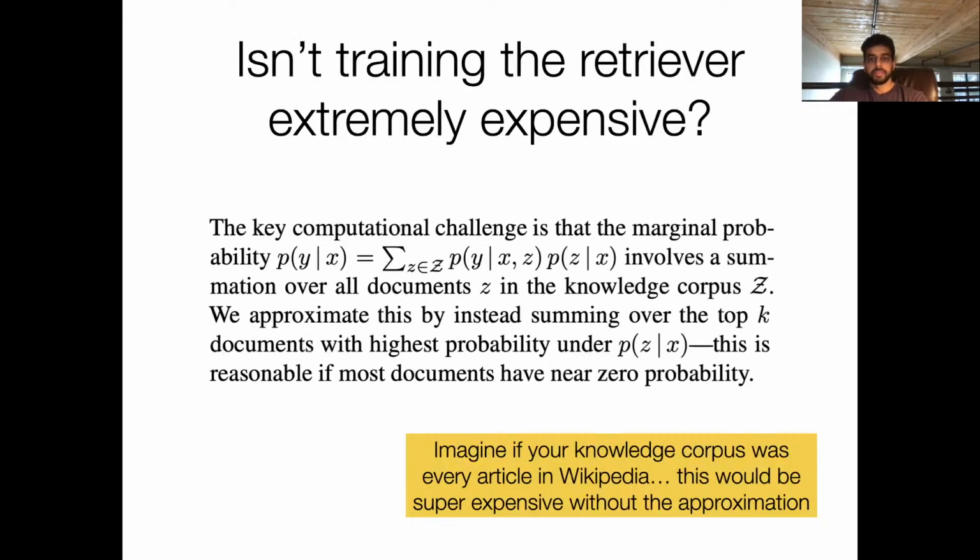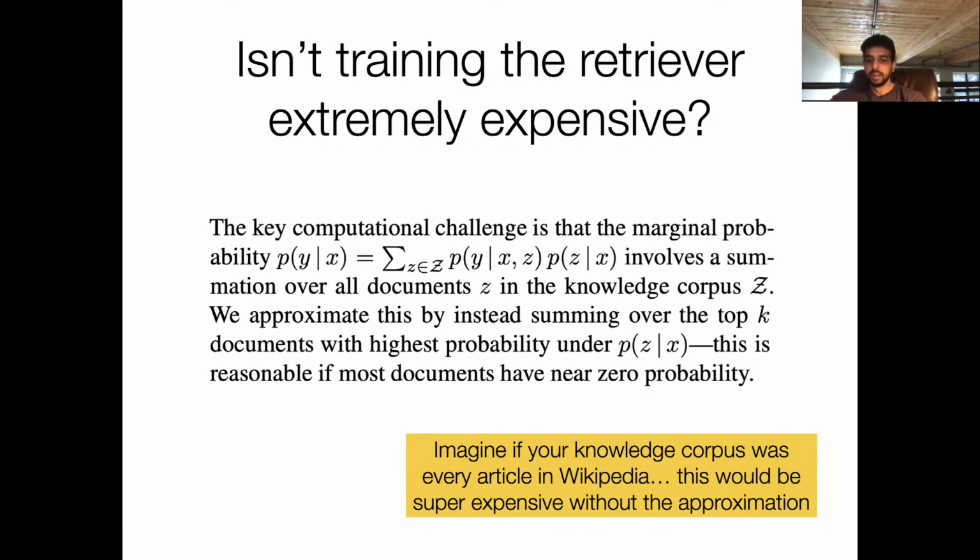Okay, so on to the biggest challenge of this whole process, which is training the retriever, right? So in the equation that we showed, we are marginalizing over the entire knowledge corpus. So they just do a very simple trick to get around this. Instead of doing this summation over all of the millions of documents, they just take the top K documents, where K is some smallish number, and they only do the normalization over that.